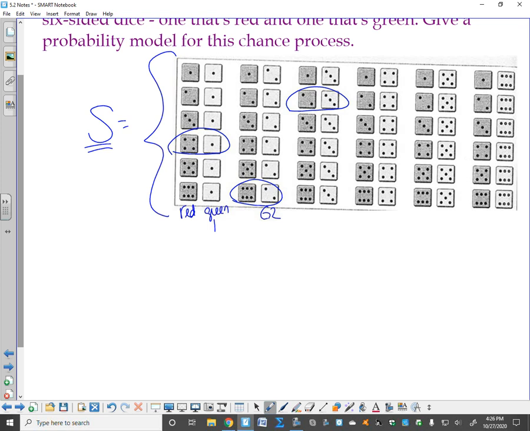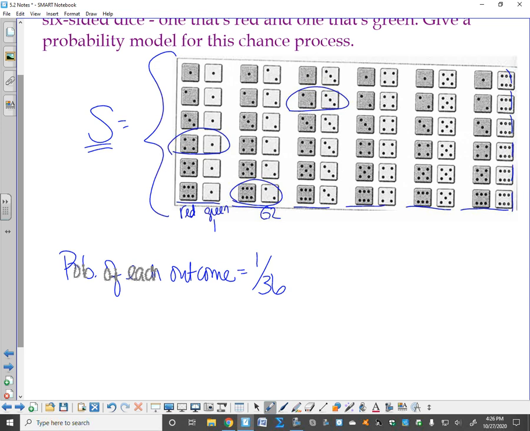So the probability of each outcome, out of 36, is 1 out of 36.